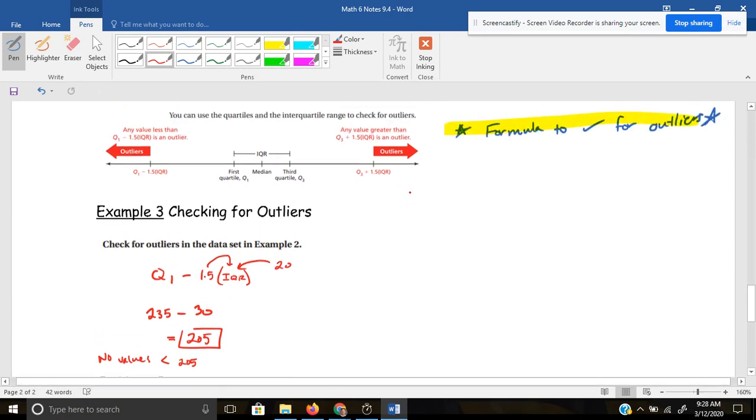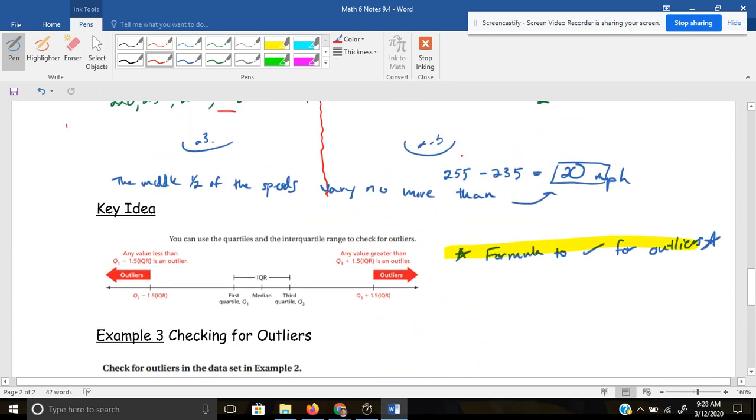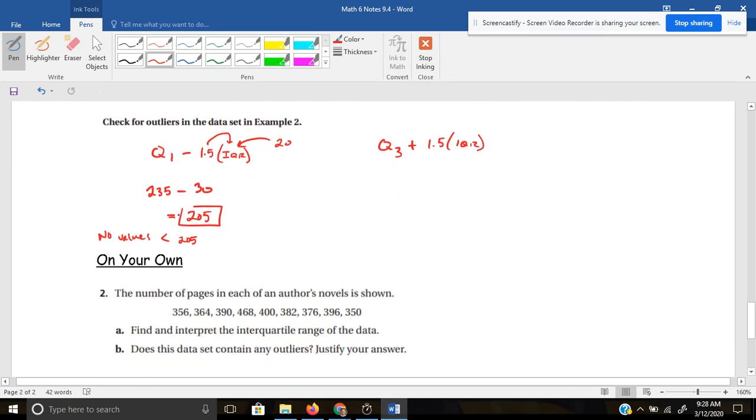Now let's check if we have any outliers that are bigger. So now we're going to take the third quartile and add 1.5 times our IQR. Our third quartile we found was 255. 255 plus, remember our interquartile range was 20. So 20 times 1.5 again is 30. So 255 plus 30 gives us 285.